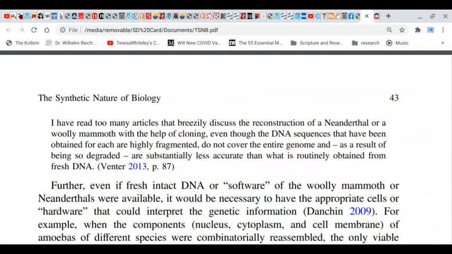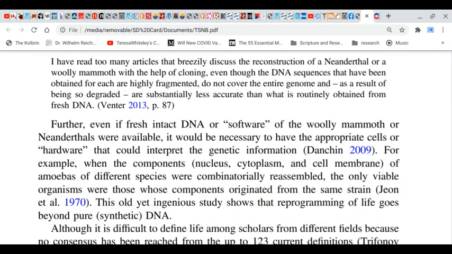I have read too many articles that breezily discuss the reconstruction of a Neanderthal or a woolly mammoth with the help of cloning, even though the DNA sequences that have been obtained for each are highly fragmented, do not cover the entire genome, and, as a result of being so degraded, are substantially less accurate than what is routinely obtained from fresh DNA. Further, if fresh intact DNA, or software, of the woolly mammoth or the Neanderthals were available, it would be necessary to have the appropriate cells, or hardware, that could interpret the genetic information.